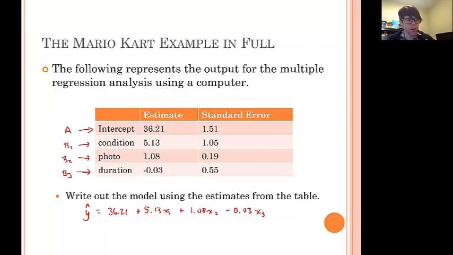And I can use this model to do some estimation. So for example, if I was curious about a used cartridge without a photo, so let's say we want a used cartridge, so x1 equals 0, no photo, so x2 equals 0, and maybe the duration is 3 days.